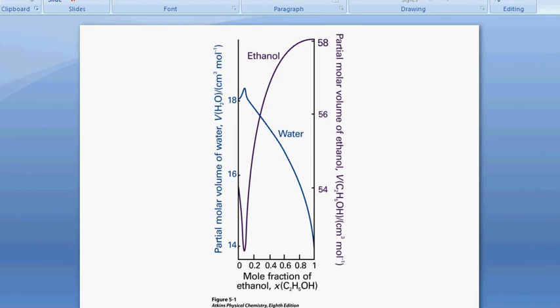So let's say we have a solution which is half a mole of water, half a mole of ethanol. So 0.5 times whatever that value comes out to be, 17, plus 0.5 times 57, let's say, right? That would be the total volume of the mixture.